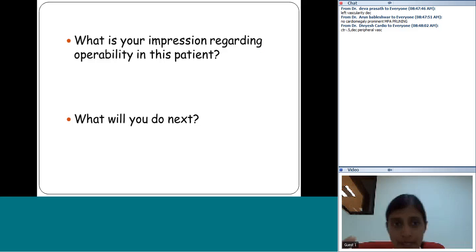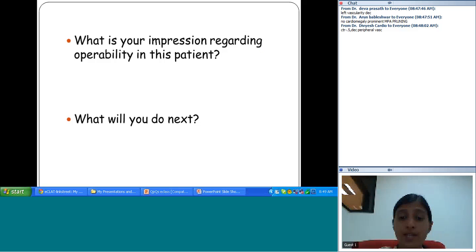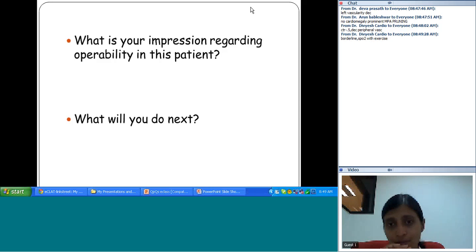What is your impression regarding the operability in this patient? From your clinical assessment, ECG and X-ray, do you think this patient is operable or not? We feel that the X-ray is more suggestive of inoperability. Again, the ECG is not optimistic.